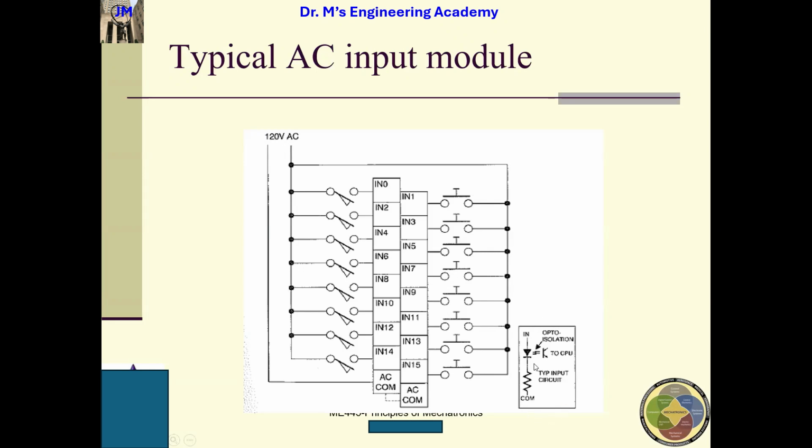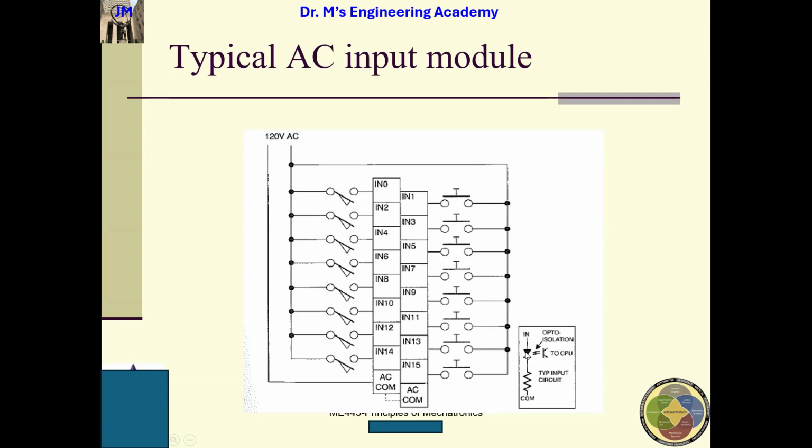Can somebody tell me what this one is? Opto isolation, right? You forget everything else? This is opto isolation. You can see this is the in and this is the common.